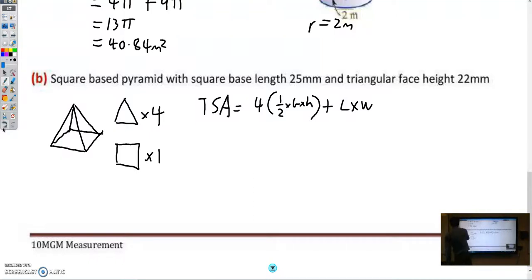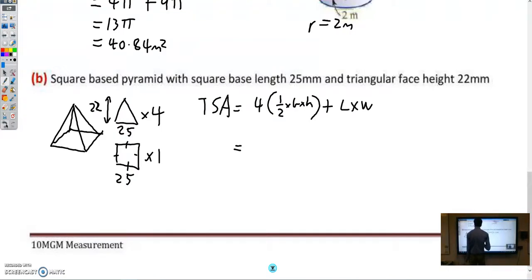Now, I'm going to label my diagram. So the height of my triangle, I'm told, is 22 millimeters. The base, which will be the same as the length of the square, is 25. And of course, my square is just 25 millimeters long.